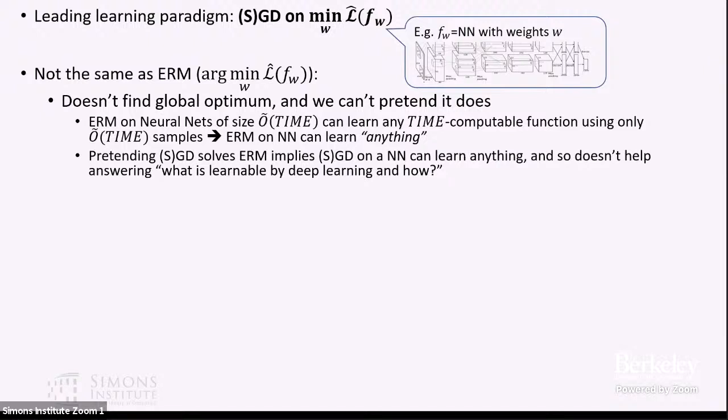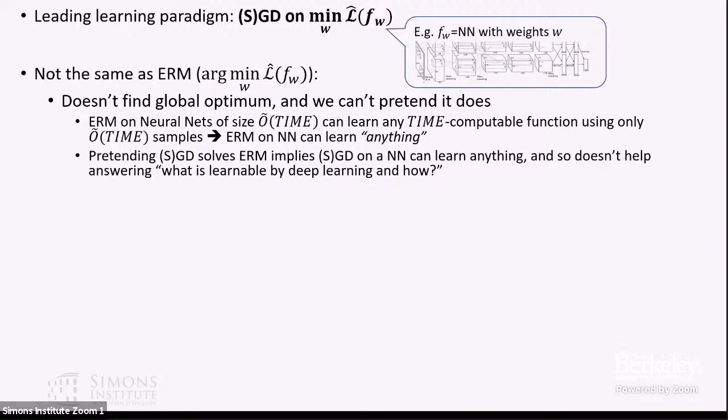In particular, pretending this also avoids the question, because the real question to me is: we train with neural nets, we actually have lots of success. Where is the success coming from? How come we can get all these amazing results by training neural nets? The success is somehow related to some magic property of these problems that we're solving that makes them trainable by gradient descent on a neural net.